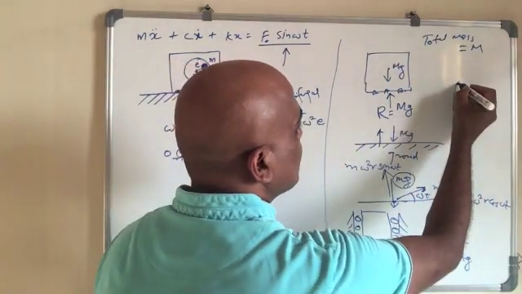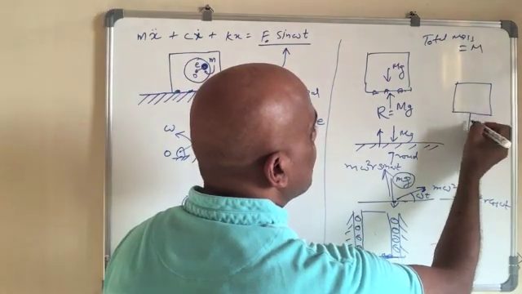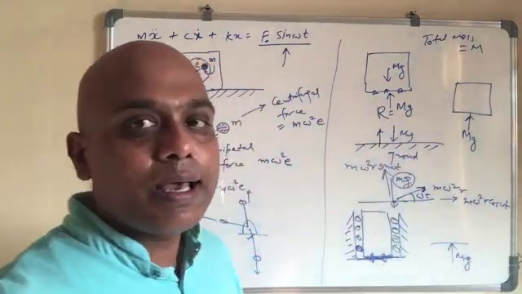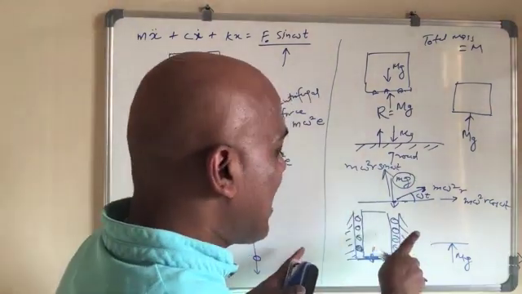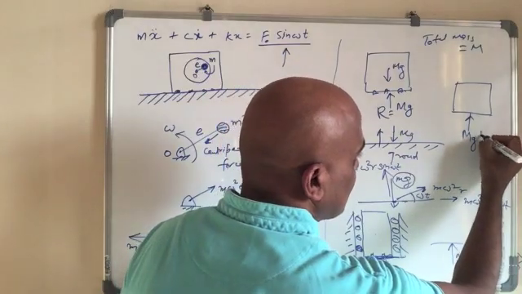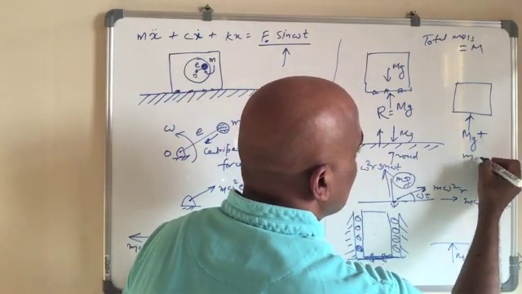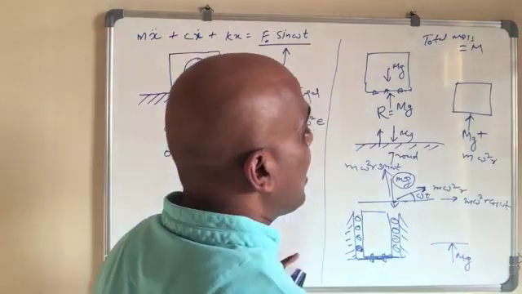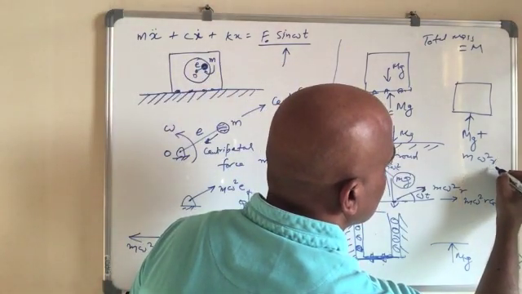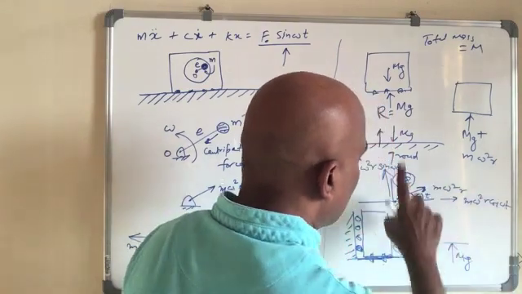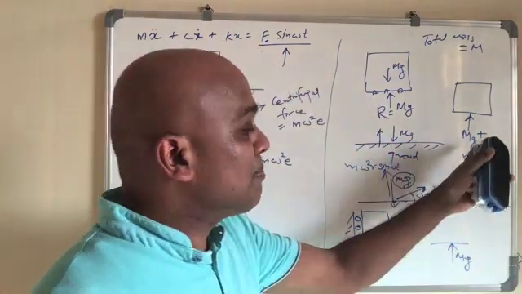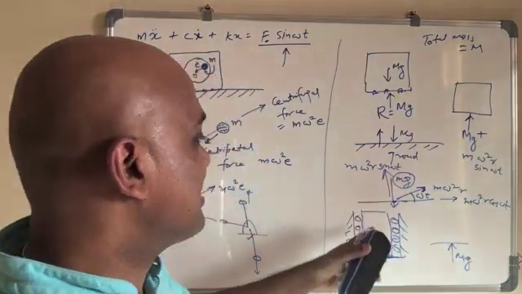The machine will have one mg, which is the ground reaction force, and then on top of that we will have here m omega square r, this will be upward, so sine omega t, plus or minus we have to see.